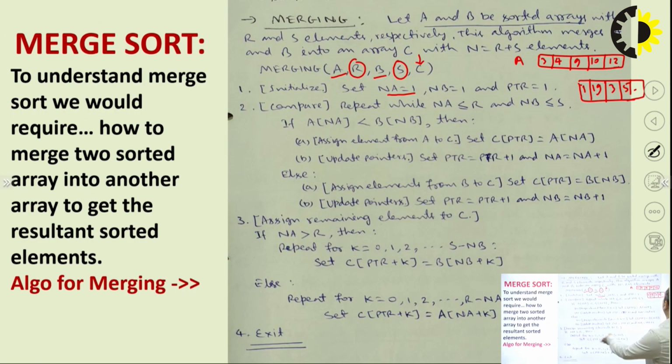We initialize NA and NB, with serial numbers starting 1, 2, 3, 4, 5.